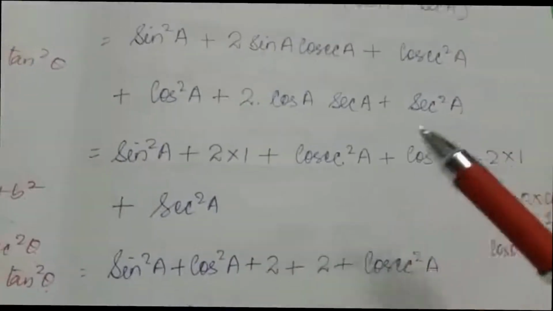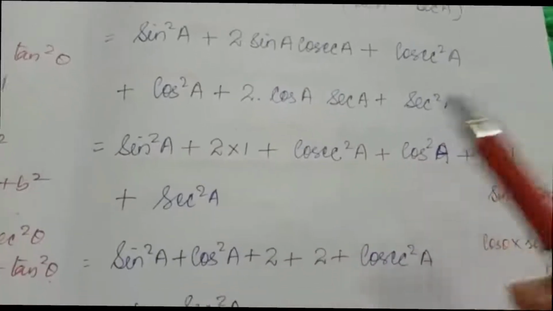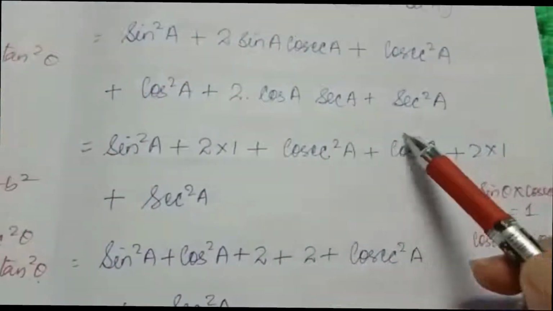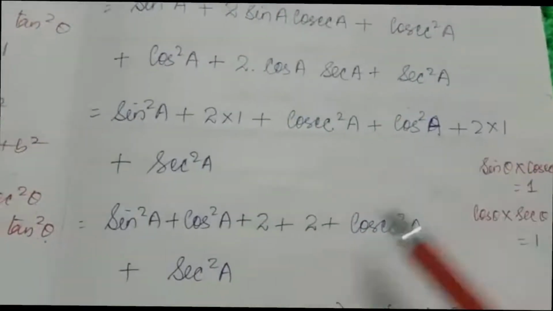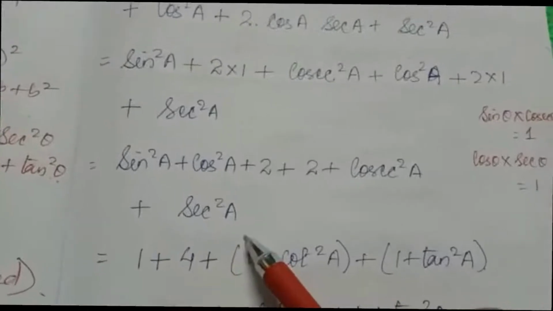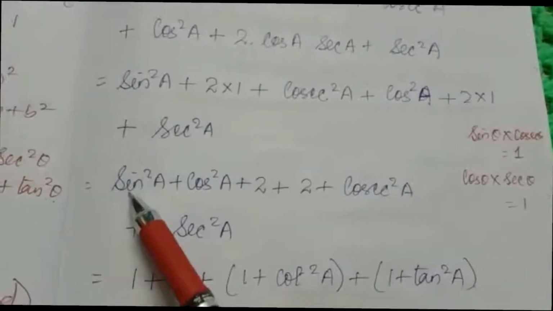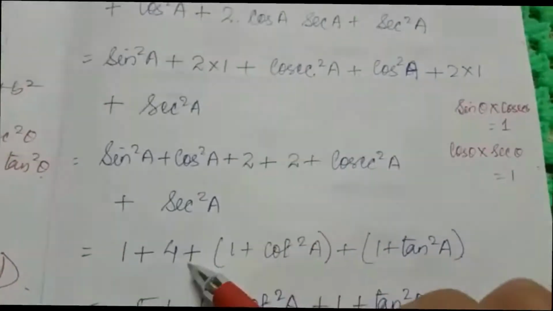So here we will write 1 again, then plus sec square A. Now we will write sin square A and cos square A together, plus 2 ones are 2, plus 2 ones are 2, plus cosec square A plus sec square A. Now this is again 1, sin square theta plus cos square theta is 1, plus 2, 4.